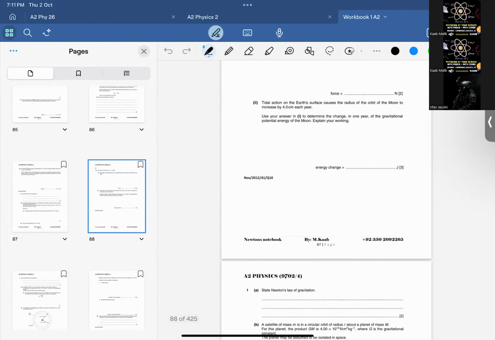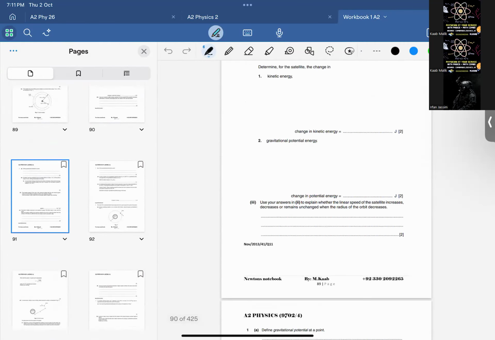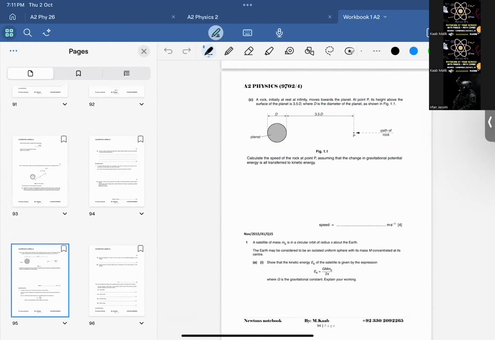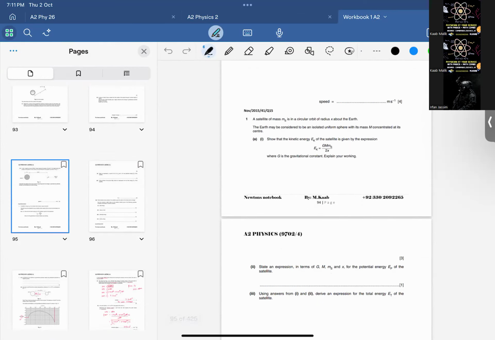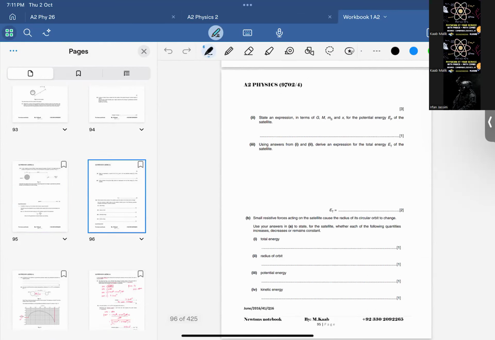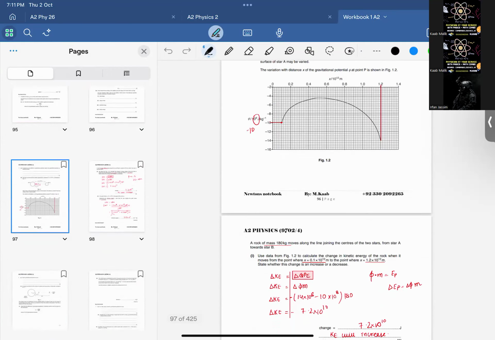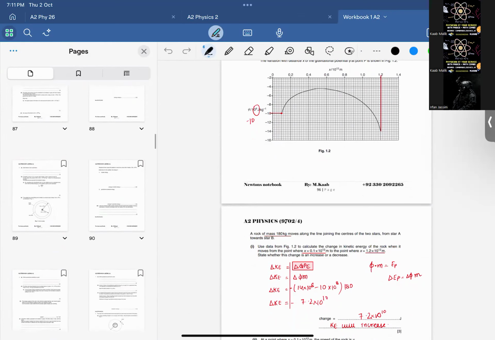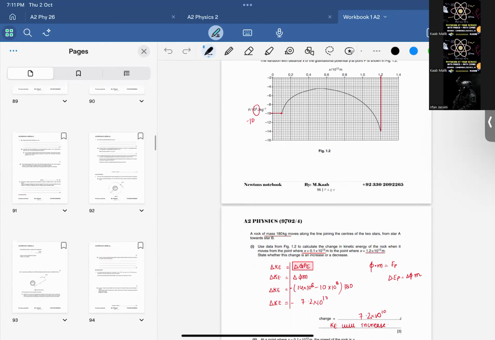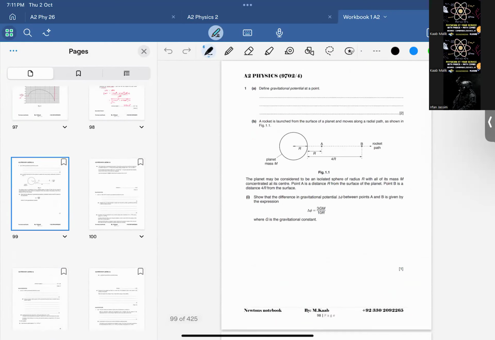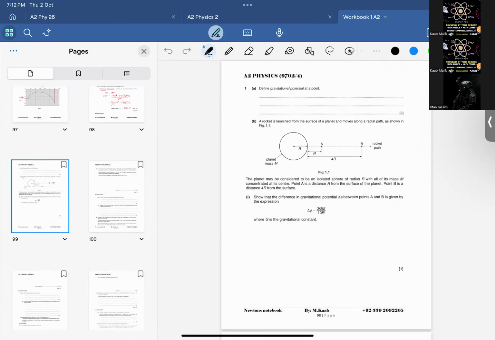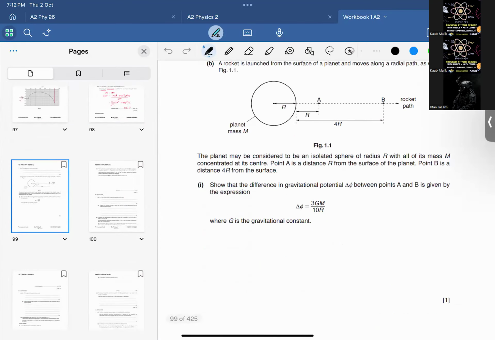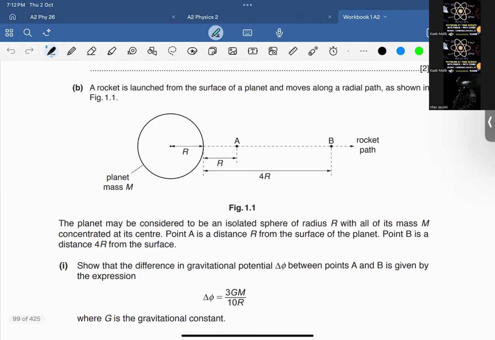So where does it go? Let me find the ideal system. Come on, it should be earlier. Okay, let's try this one. Just ignore the definition for the gravitational potential. You have to derive this one.